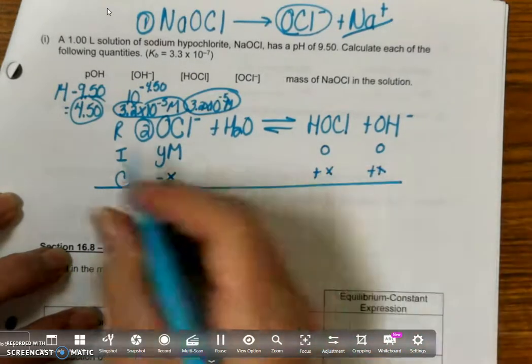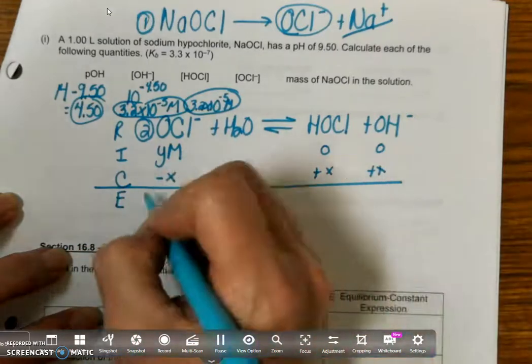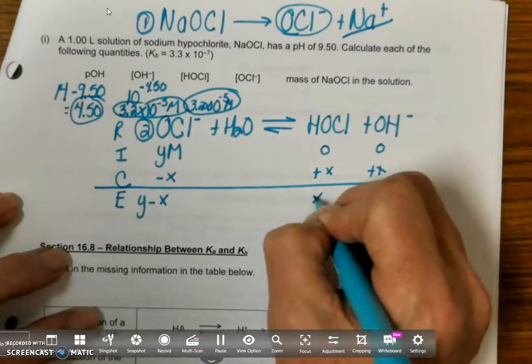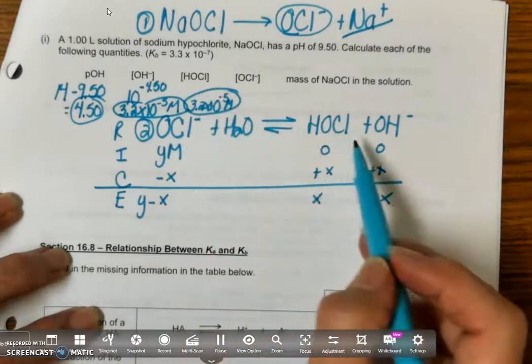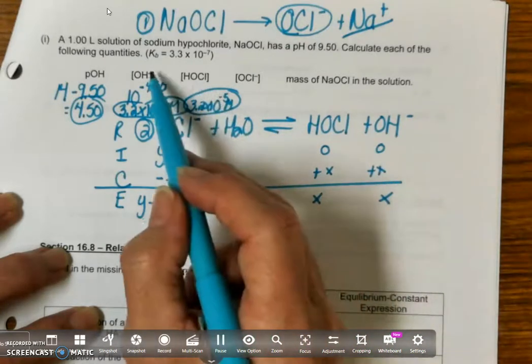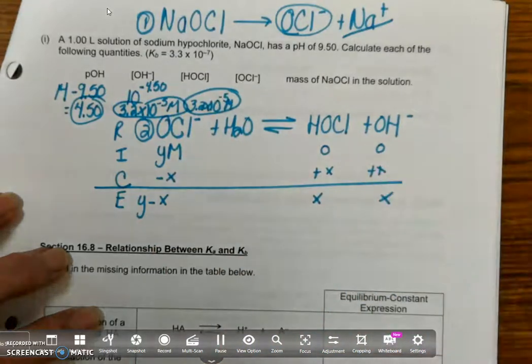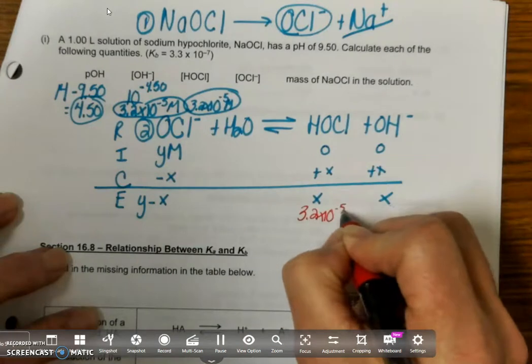All right? So then I'm going to do my equilibrium, and I'm going to get Y minus X, X, and X. Now, I know what X is, don't I? Because I have done that up here. Each of these concentrations is 3.2 times 10 to the minus 5.